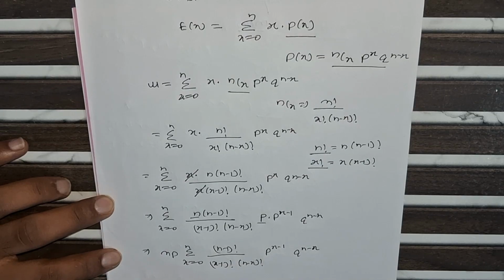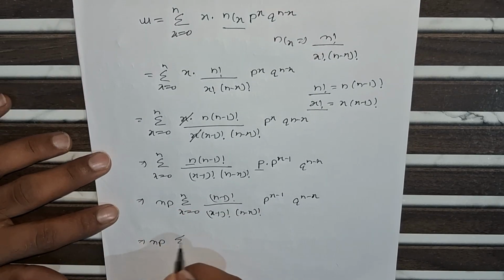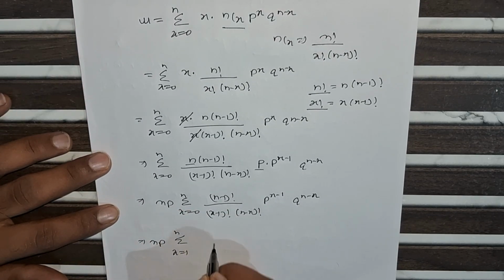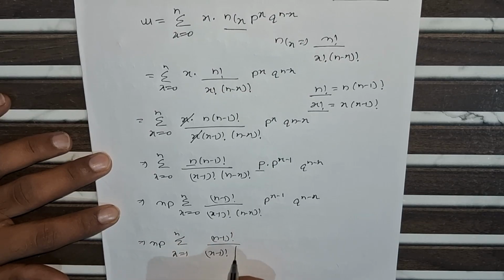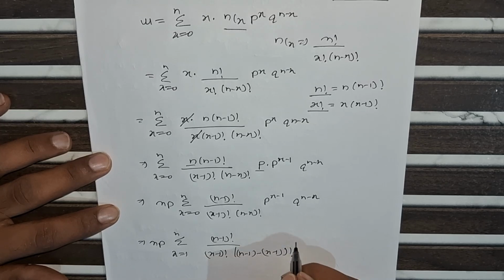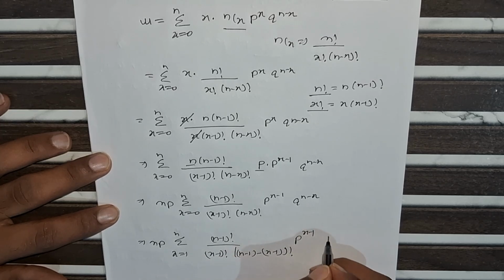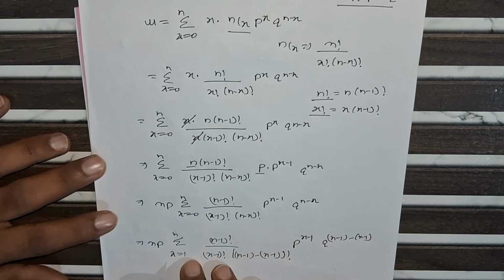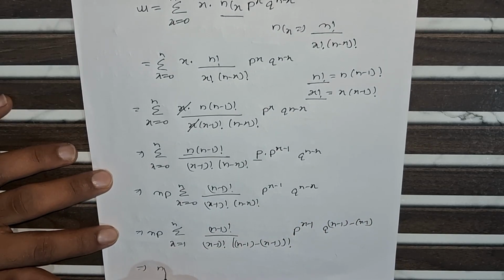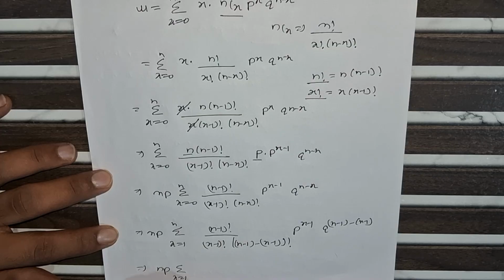So when x starts from 1 to n, n minus 1 factorial divided by x minus 1 factorial into n minus 1 minus x minus 1 factorial, p to the power x minus 1 q to the power n minus 1 minus x minus 1. So np summation of x equals 1 to n.